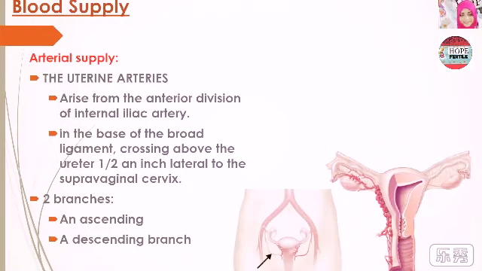So, arterial supply. The uterine arteries arise from the anterior division of the internal iliac artery, run in the base of the broad ligament, crisscrossing above the ureter half an inch lateral to the supravaginal cervix. There are two branches, an ascending and a descending branch.